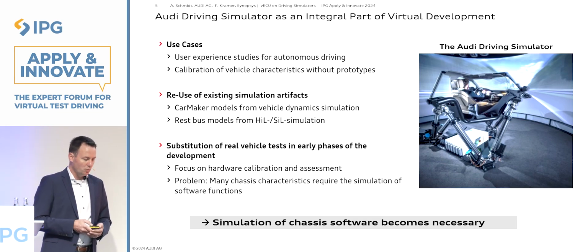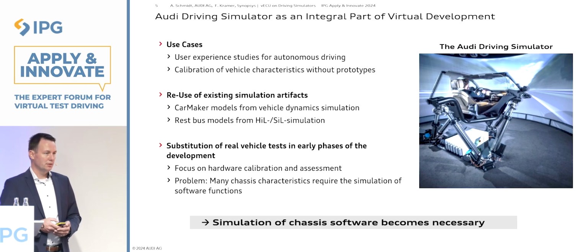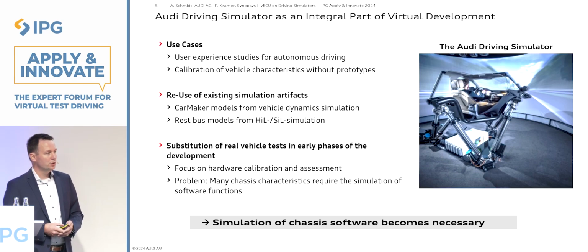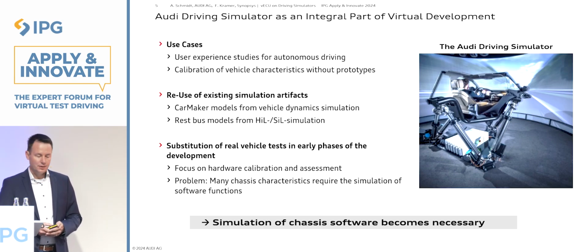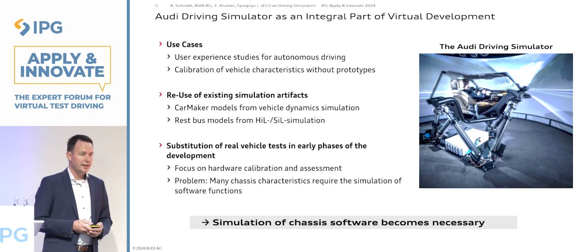And so what we are trying to do there is we try to reuse a lot of the artifacts. We are using the very same CarMaker models as in our simulation on the driving simulator. And also we're using the same ResBus models for the vehicle functions as we do on our hardware in the loop and software in the loop test systems.